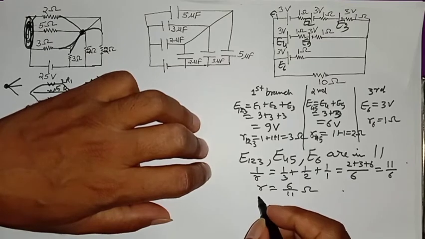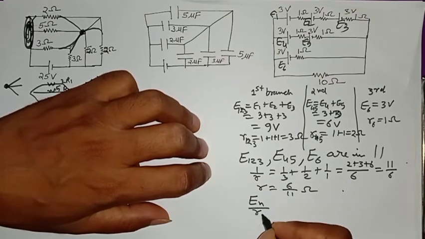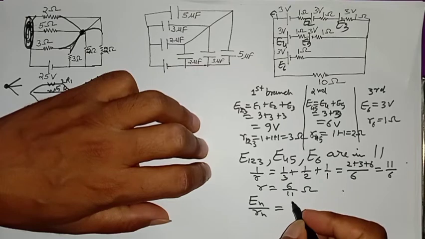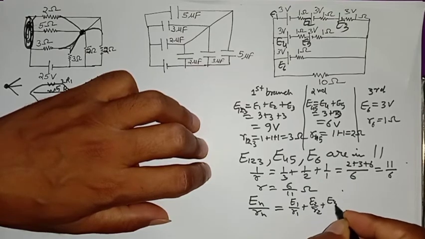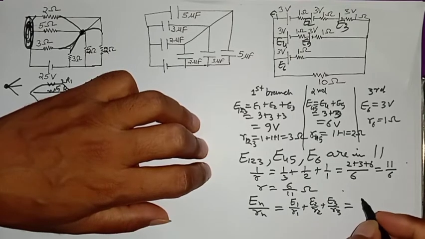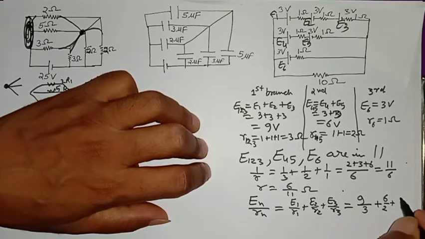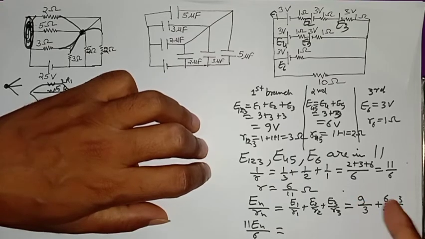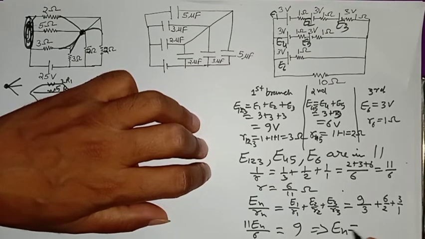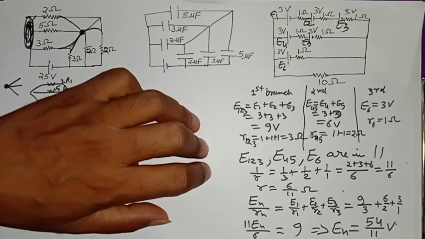And then that formula, En upon Rn equal to E1 upon R1 plus E2 upon R2 plus E3 upon R3. That is, E1 is 9, R1 is 3, E2 is 6, 2, 3, 1. En upon 6 by 11 equals 3, 3, 3, 9. So En is 54 by 11 volt.